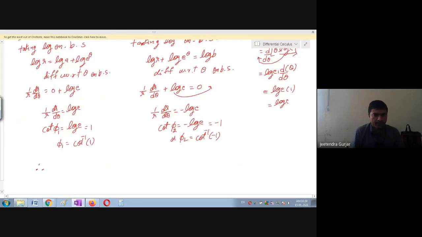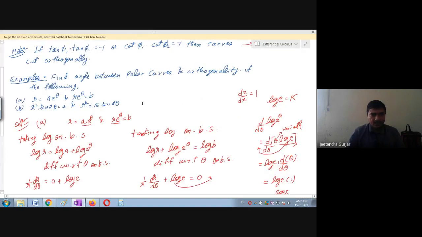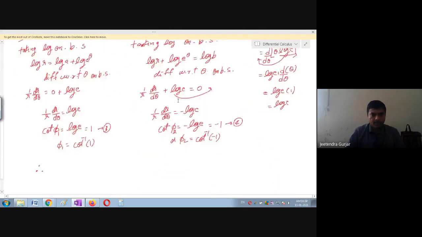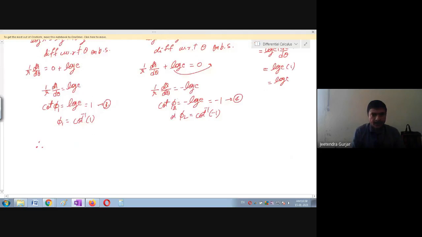Therefore, I will take this as equation 1 and this as equation 2. What is cot phi 1 into cot phi 2? I'll just substitute the values, that is 1, and this is minus 1. You can see 1 into minus 1 will become minus 1.